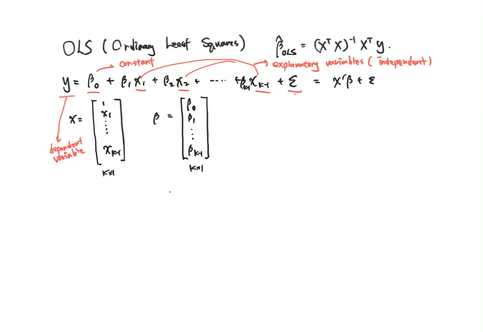And this epsilon is called the error. So in this model we have one constant and k minus 1 explanatory variables.